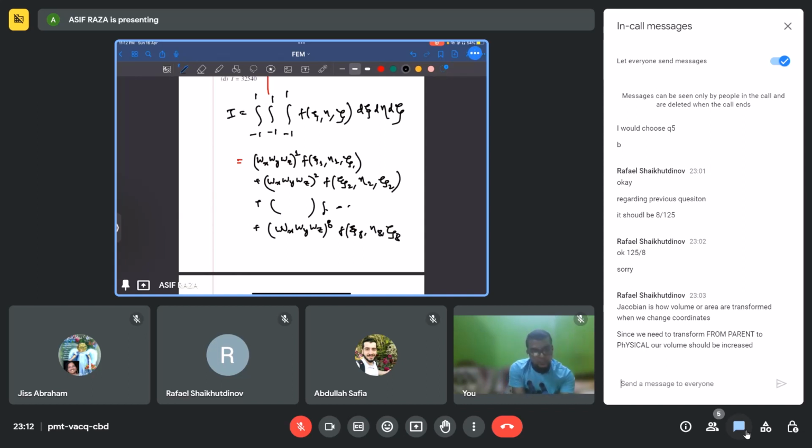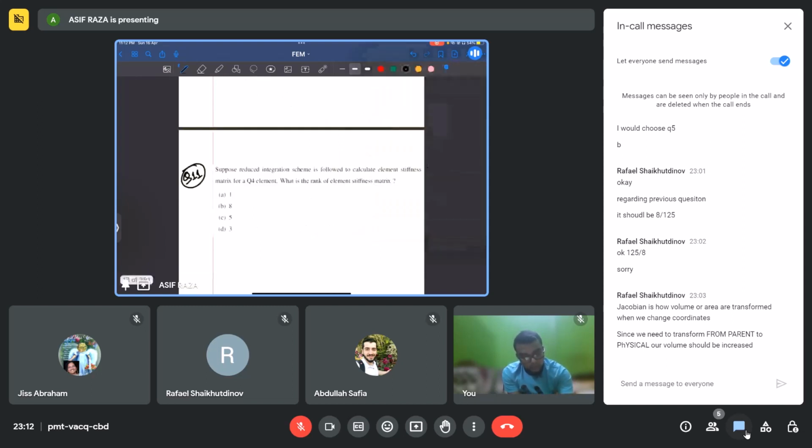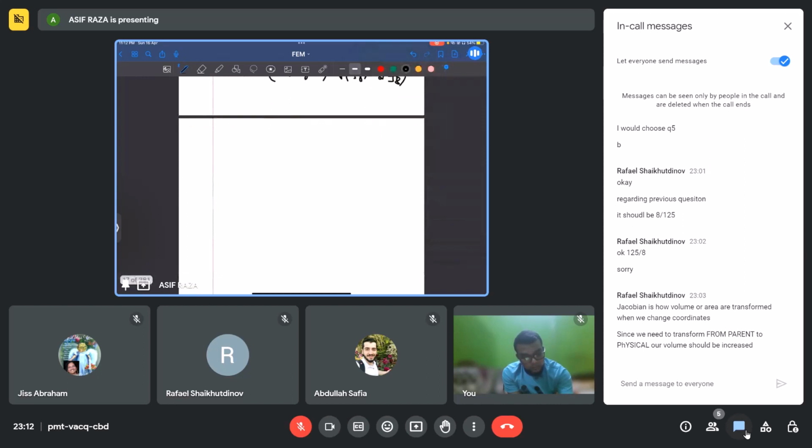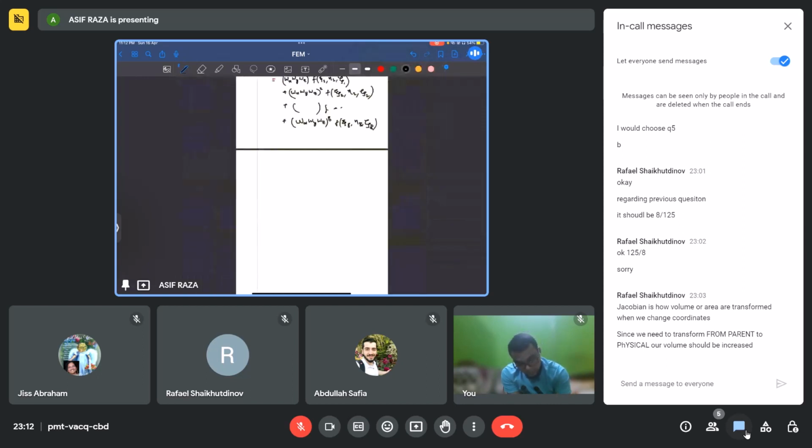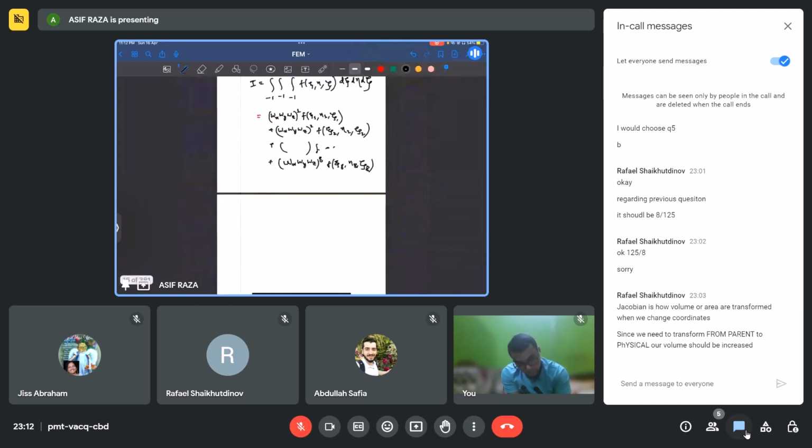Okay, you must already know that in a 2-point quadrature rule, wx, wy, wz are all equal to 1. So you won't need to pay too much attention to these weights.